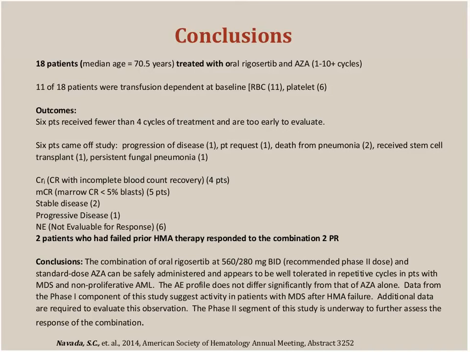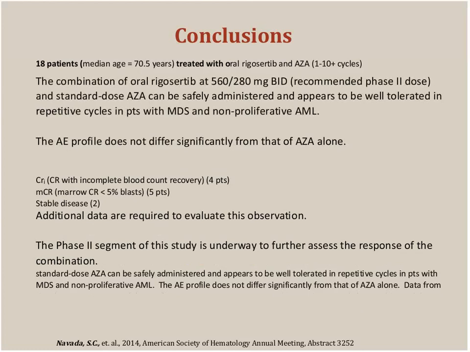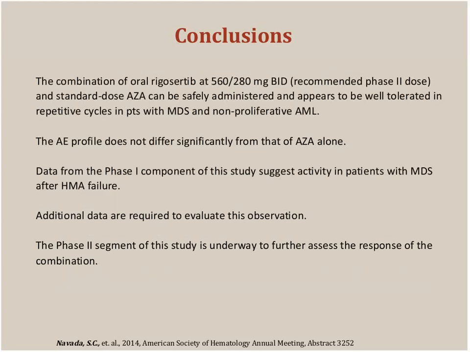2 patients who had failed prior HMA therapy responded to the combination, and this was an important observation in this relatively small study, that patients who have HMA failures can respond to the combination. So the combination of oral rigosertib at 560 and 280 milligrams BID is the recommended phase 2 dose, along with the standard azacitidine. The AE profile didn't differ significantly from that of azacitidine alone.